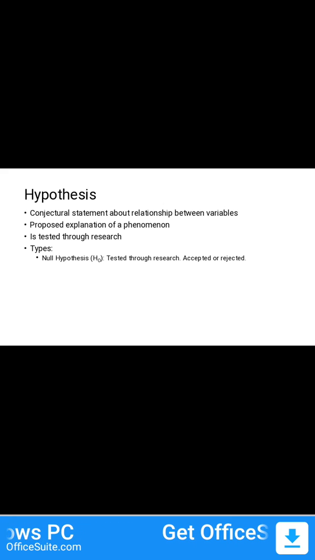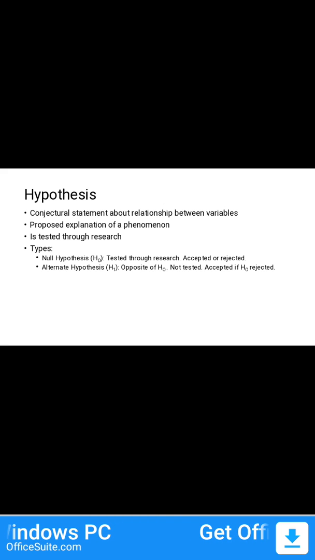If you look at the third point above, we have said that hypothesis is tested through research. Which hypothesis is tested through research? The null hypothesis. And once it is tested through research, based on whatever you have found out, you either accept that hypothesis, you conclude that the assumption that you made was actually true, or you reject it, you conclude that it was not valid. So this is the first type of hypothesis, null hypothesis.